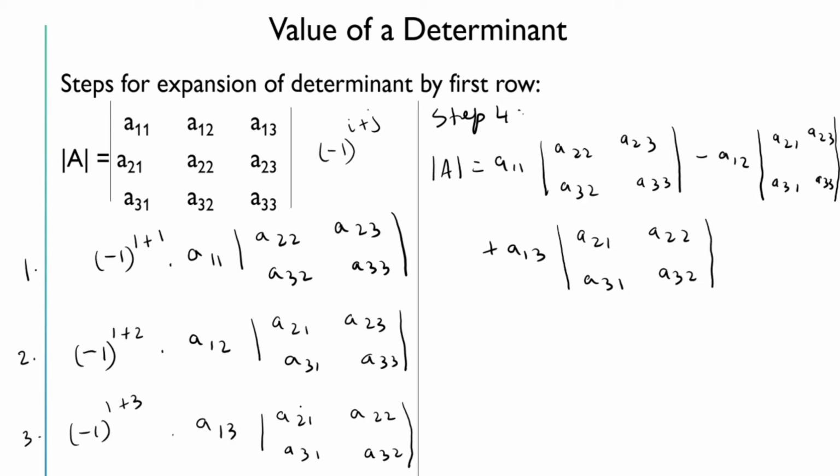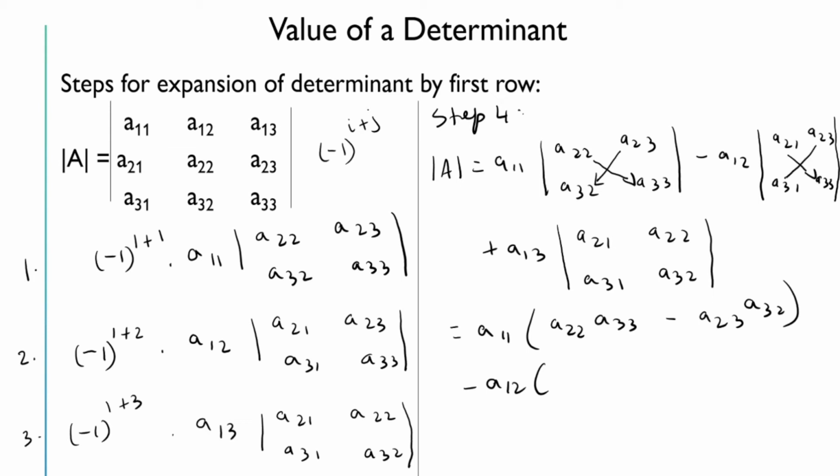So we know how to find the determinant of a 2 by 2 matrix. So here, if you want to find the determinant, we have to multiply these both minus multiply these both. So this is equal to A11 into A22, A33 minus A23, A32 minus A12 into, first multiply these both minus multiply these two elements.